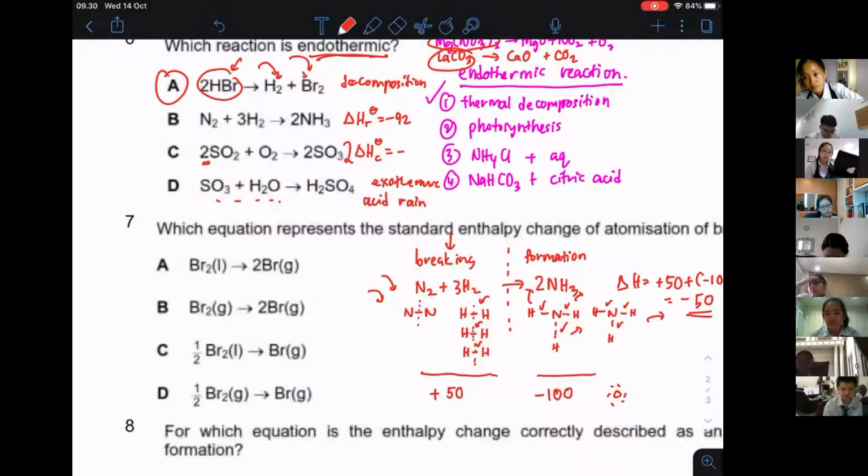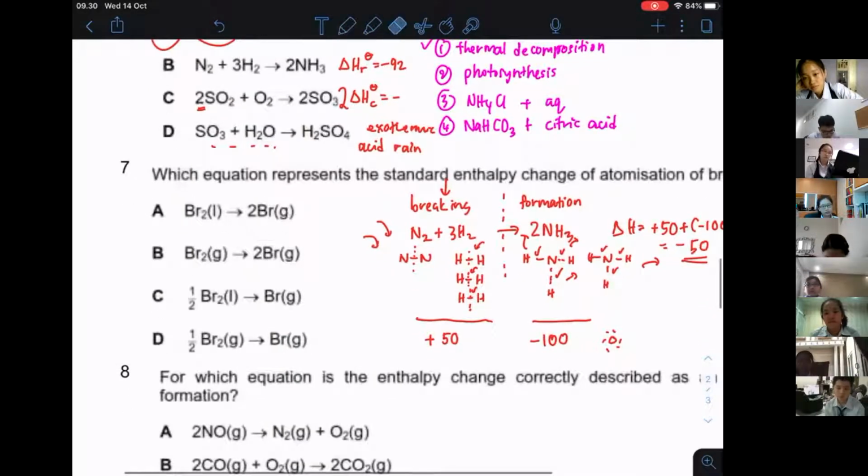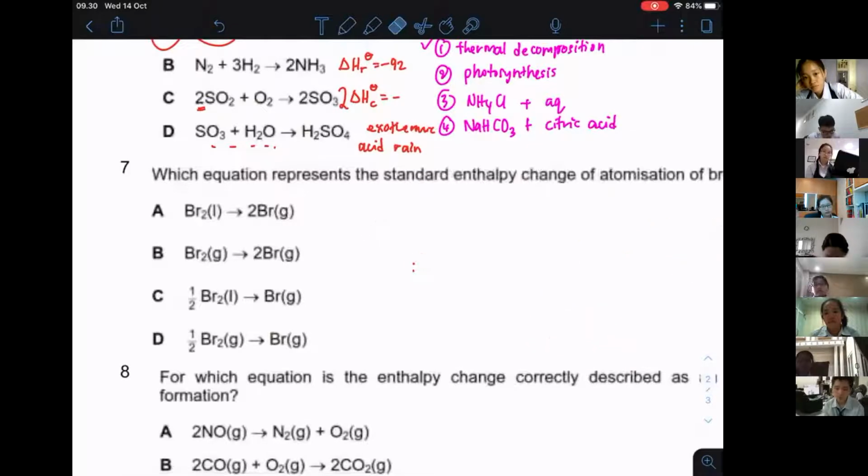The energy required for bond breaking is more than the energy released for bond formation, so it's always like that for decomposition. Anyway, we'll just move on. I don't want to make you more confused.